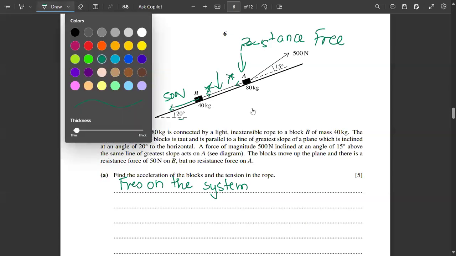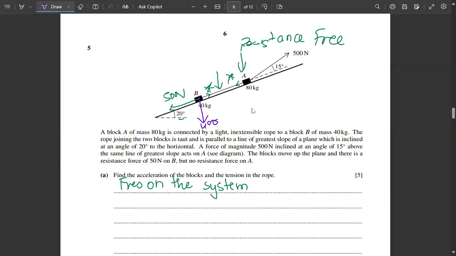What does that mean? This is 40 kg. That means this will be 400 Newton. Then due to weight, mg sine theta will become 400 sine 20. This is 800 Newton. So this will become 800 sine 20.